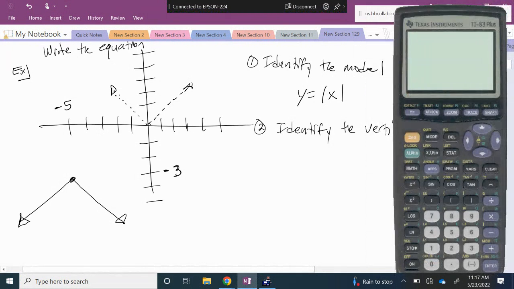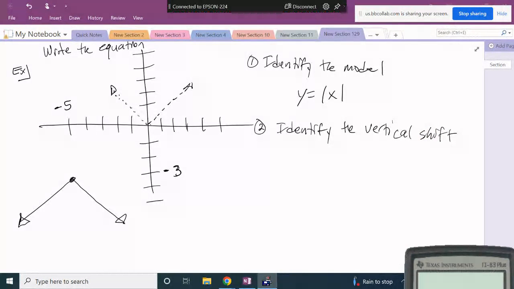All right, so we're going to identify the vertical shift. So this thing was shifted down 3 units.